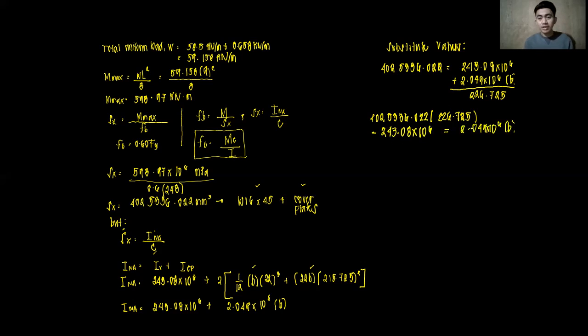Dividing both sides by 2.049, ayan, 2.049, so ano mangyayari? B now is equal to 402,536.0221. Ayan. Oh, so nanggaling yung 1. Ayan.